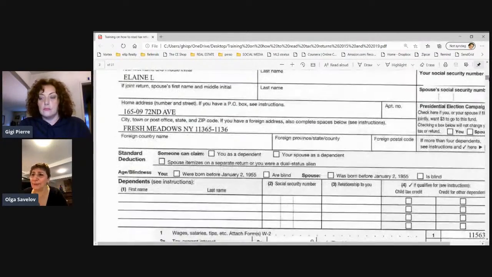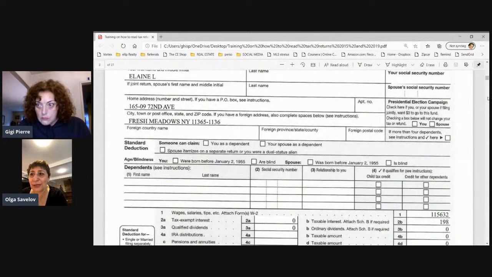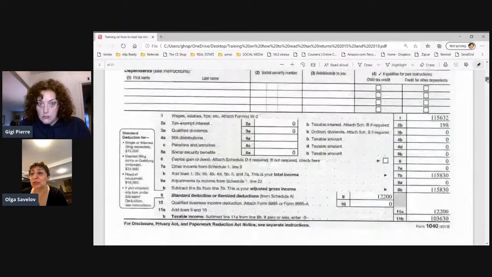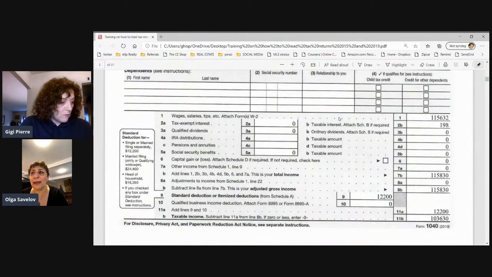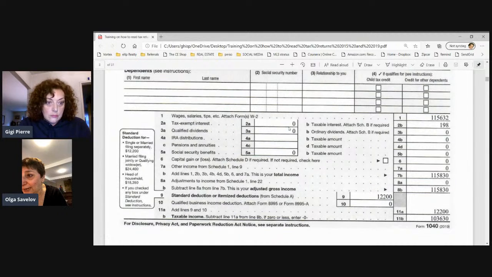Here the income starts on line 1, which says wages, salaries, tips, etc. That income comes from W-2 income. It combines multiple people's W-2s together, and it's one line, one income. If a person makes other income, it will all add up on line 7A, other income from Schedule A. If a client gets an IRA distribution, it will be on 4A.